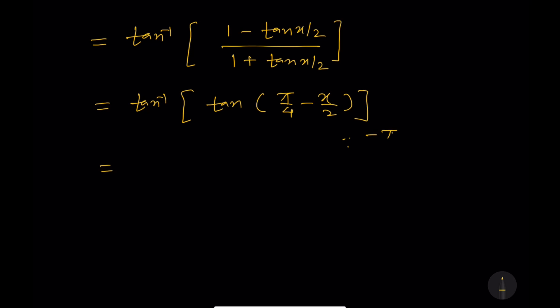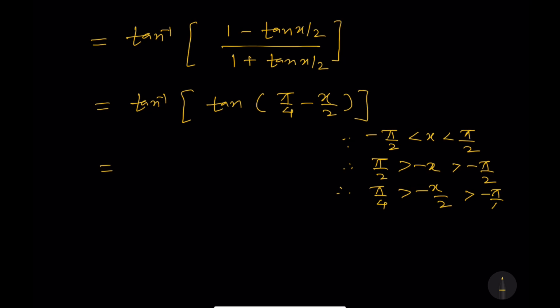Since it is given that x is between minus pi by 2 to pi by 2, what can we say about pi by 4 minus x by 2? So pi by 2 is greater than minus x is greater than minus pi by 2. Therefore we want x by 2. So pi by 4 will be greater than minus x by 2 is greater than minus pi by 4.